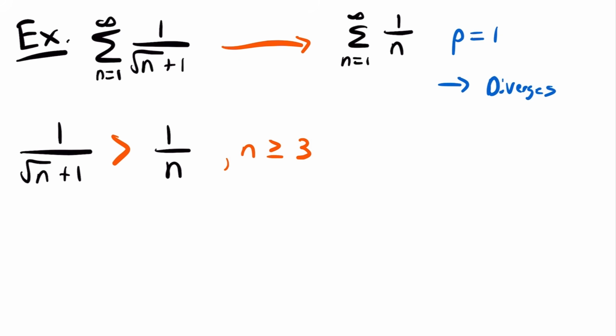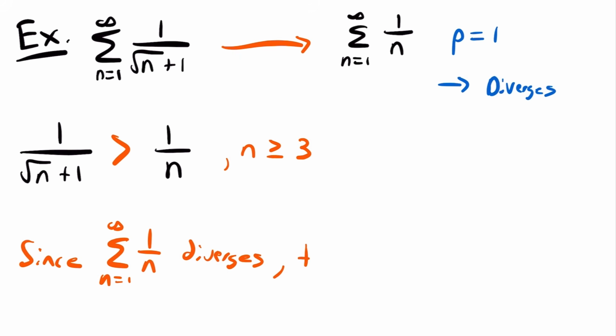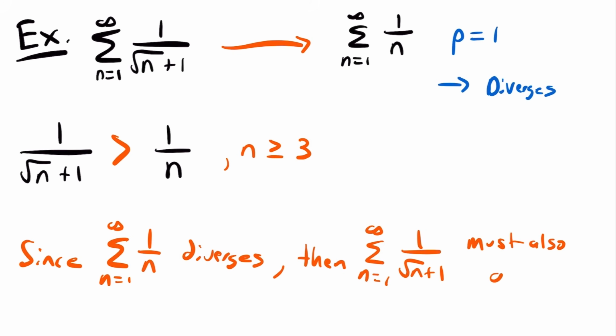All right, and so we can say that since the smaller series, the sum from n equals 1 to infinity of 1 divided by n, diverges, then the larger series, the sum from n equals 1 to infinity of 1 divided by the square root of n plus 1, must also diverge.